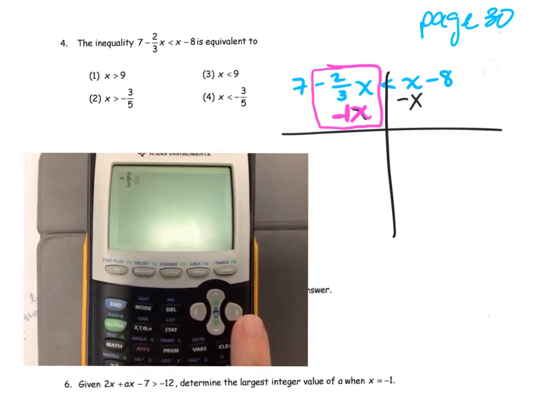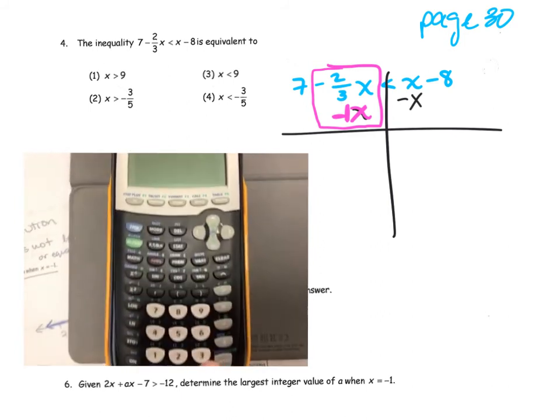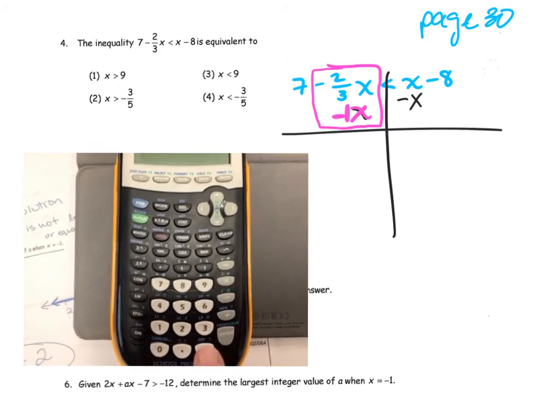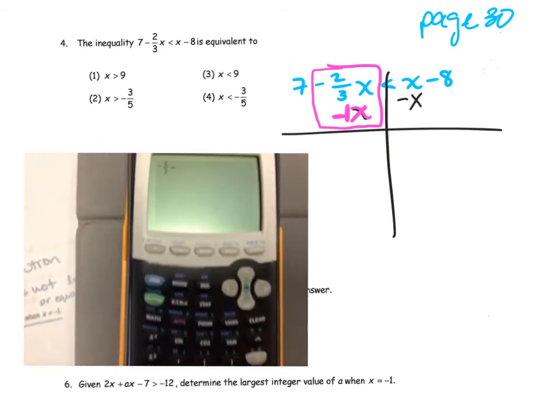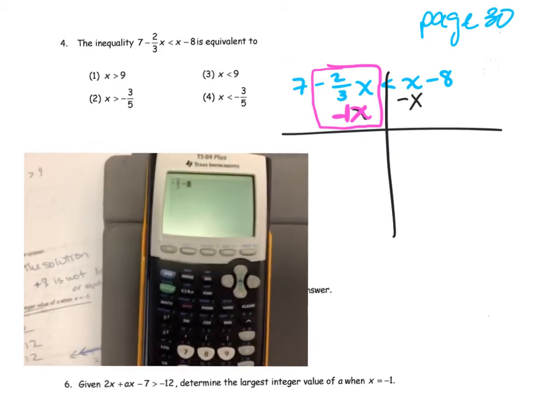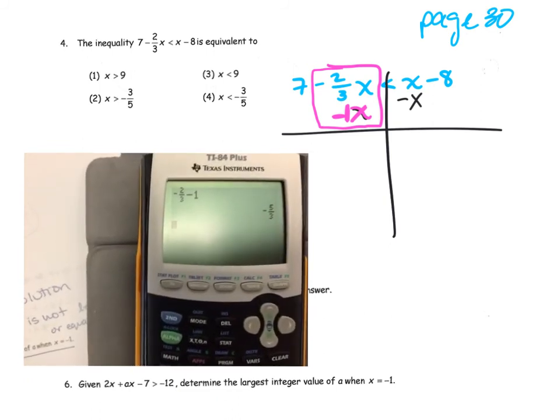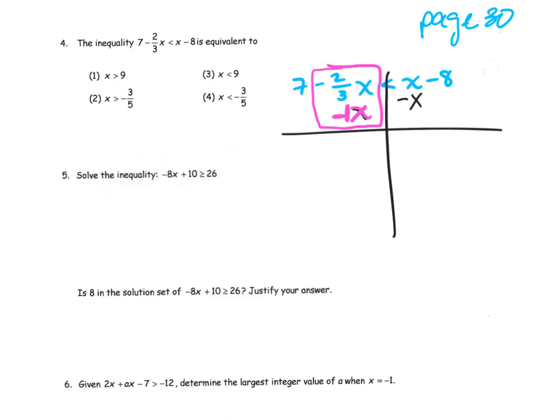Now I have minus. Remember, minus is down here. This is negative. We want minus 1. Let's type 1. There you go. Negative 5/3. So now I have 7 minus 5 over 3x, which is less than negative 8, because those canceled.